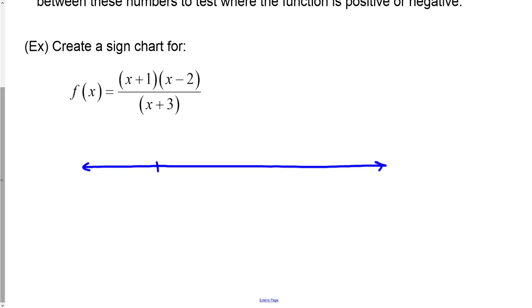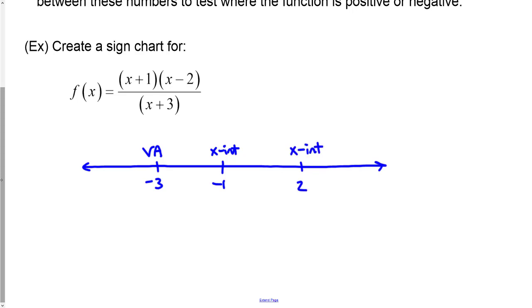So at -3, I have a vertical asymptote, from the factor x plus 3 in the denominator. Then at -1, I have an x-intercept. And at +2, I have another x-intercept.